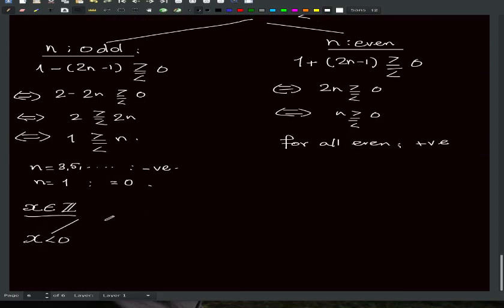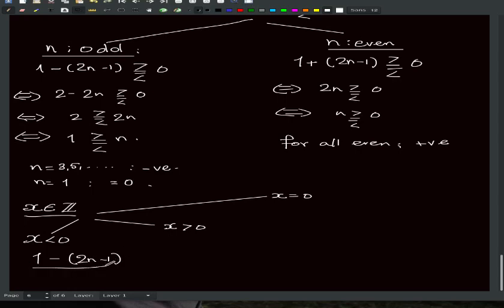Again, x is this, x is positive, and x is 0. So I'm trying to find out 1 minus, x is negative, so here it must be this. So 1 minus 2n minus 1 by 4 must be x, and then you find out n in terms of x.